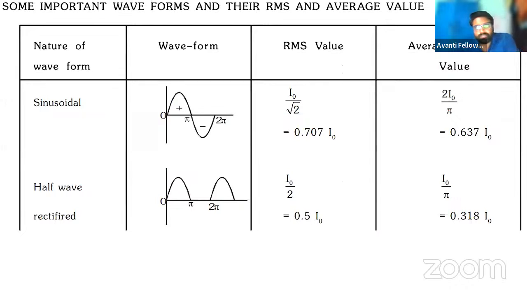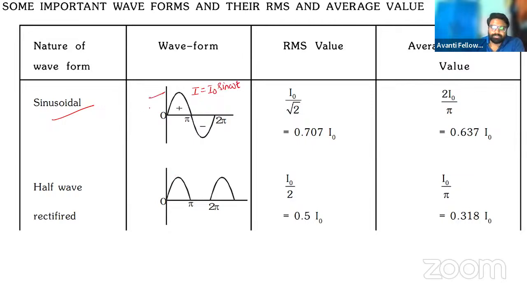Now, some more important waveforms and their RMS and average values. First of all, the sinusoidal waveform. This is the sinusoidal wave, the variation of y is equal to sin x. ठीक है, but here it is given as I is equal to I naught sin omega t.